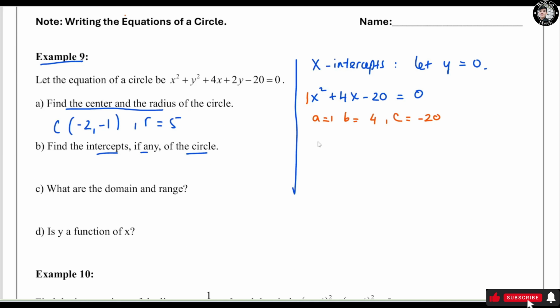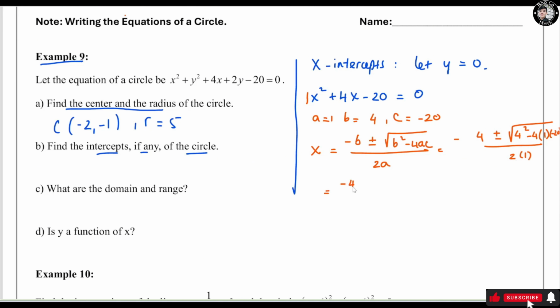So the solution should be s equals negative b plus or minus the square root of b squared minus 4ac over 2a. Substitute values: negative 4 plus or minus the square root of 4 squared minus 4 times 1 times negative 20, over 2 times 1. We're going to simplify.